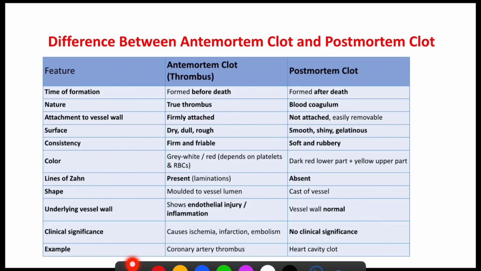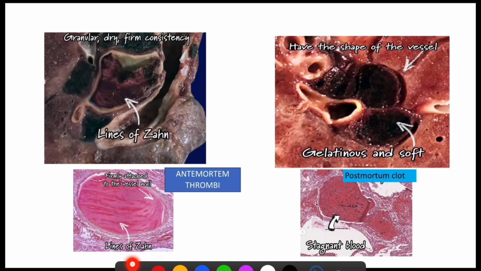But whenever we do grossing, we have to see whether it is antemortem or postmortem. So these are alternating lines you can appreciate: white line, then red, then white. These are the lines of Zahn. This is the gross appearance.